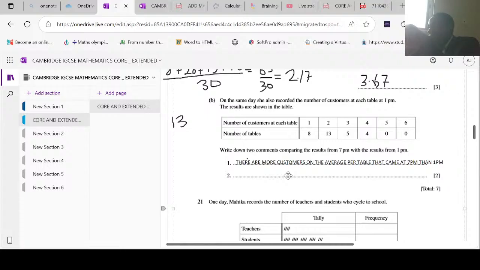But when we talk about range, remember we are talking about the highest minus the lowest. The higher the range, the bigger the gap between the highest performing student in the class and the lowest performing student in the class.